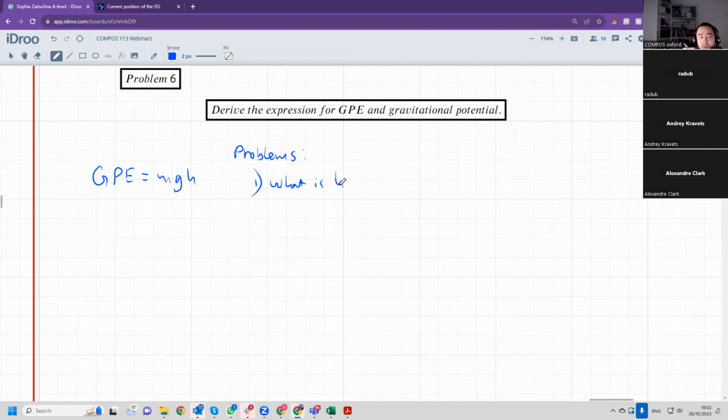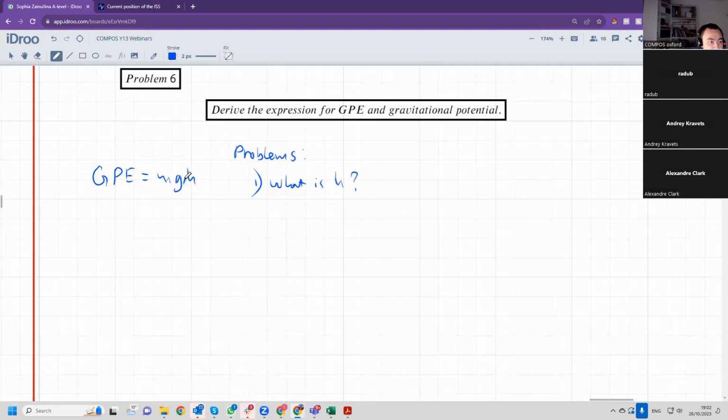Like, what is h? This is not an obvious question. We say gravitational potential energy is relative to the starting point. To what are you measuring it in relation to? It depends on what your reference point is.